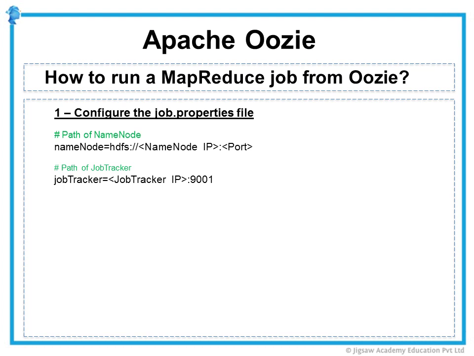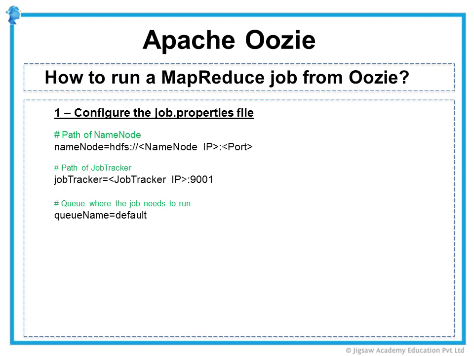Next, you can specify some optional parameters for the MapReduce job. Here we specify the name of the queue in which the MapReduce job is supposed to run, and we are specifying that it should run in the default queue. And then we configure the path of the workflow XML file.